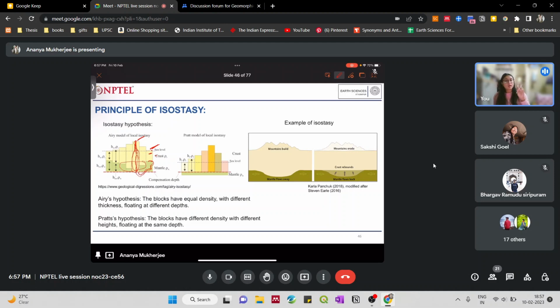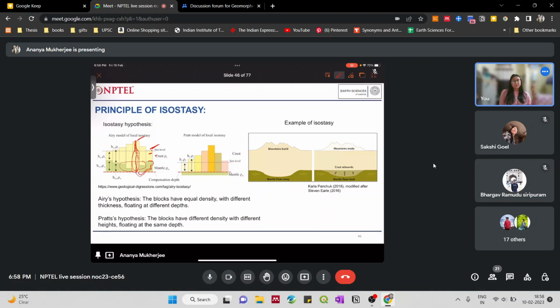Now you have two models, one is Pratt's model and the other is Airy's model. What Airy suggested is that all the blocks have equal density, but they have different thicknesses, and that is why they are floating at different depths.